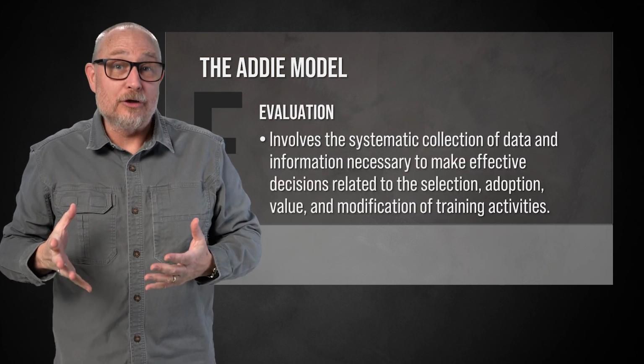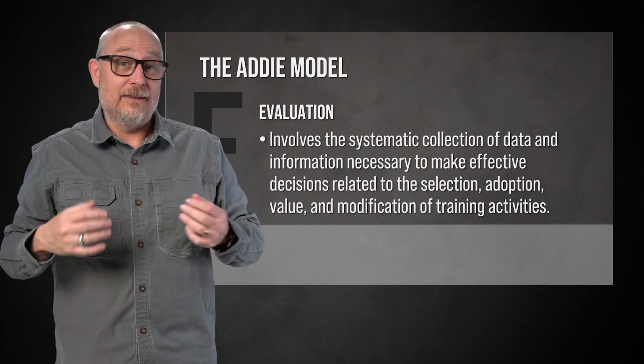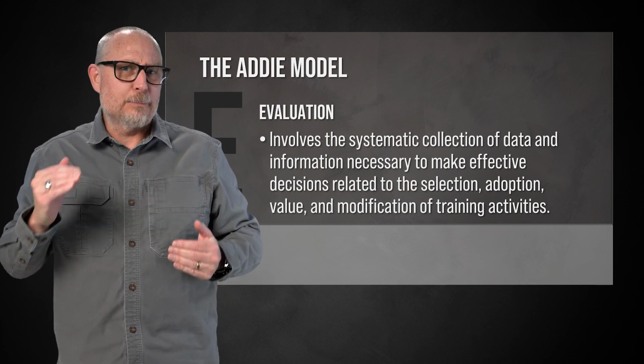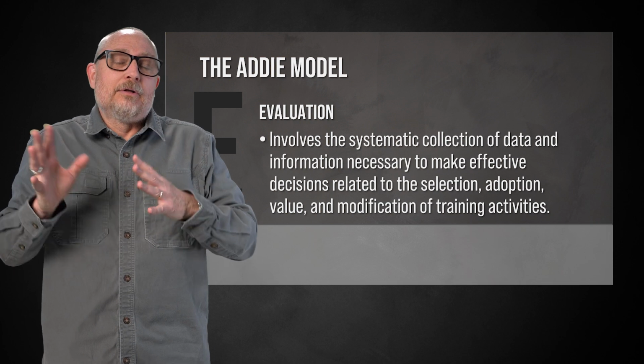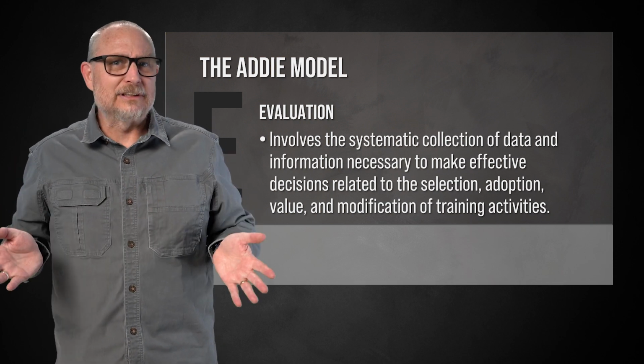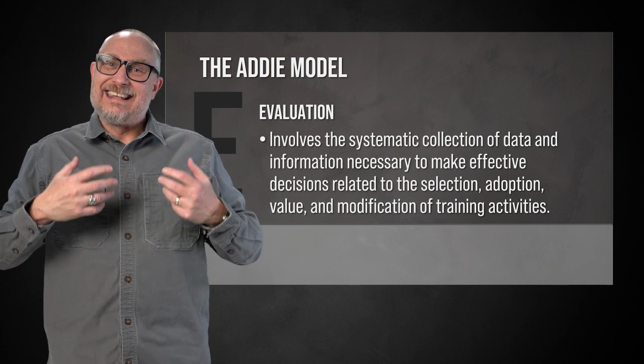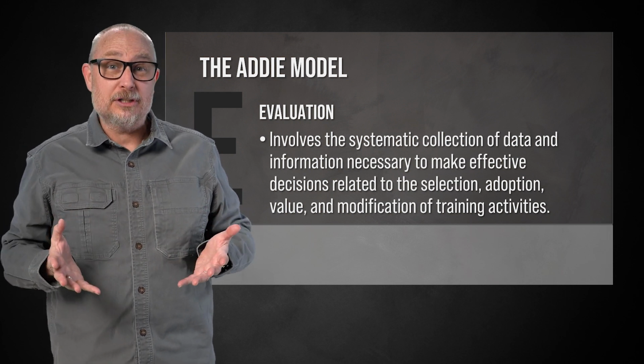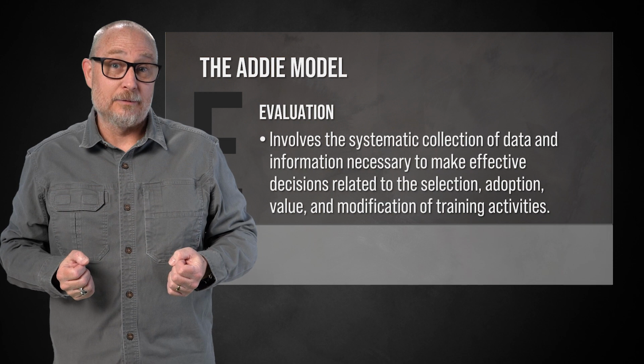Next, we have evaluation, which is evaluating the effectiveness of this program that we've just put together. Now, I want to spend a little bit of time on this, not only because it's important, but every step is important, but because this is the portion of the whole program that is often overlooked or underappreciated.